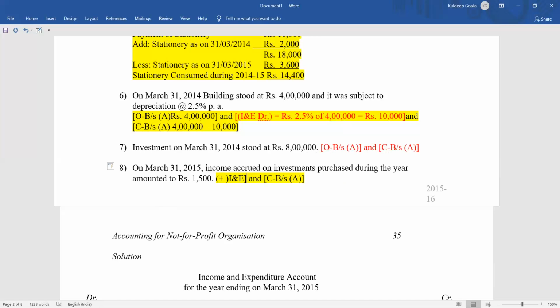And again it will appear in the closing balance sheet asset side. I hope all of you have understood it.